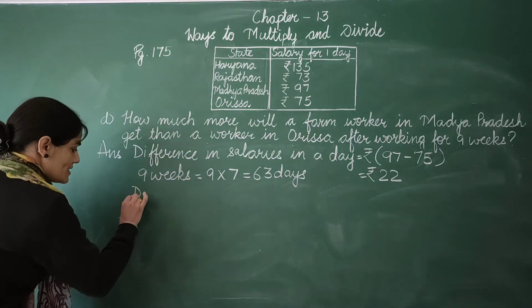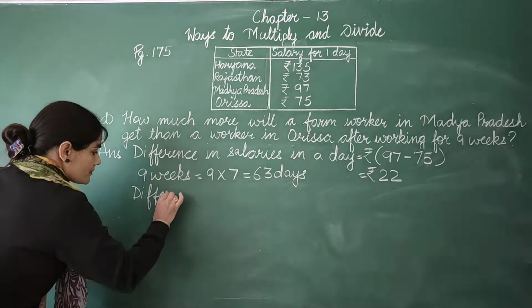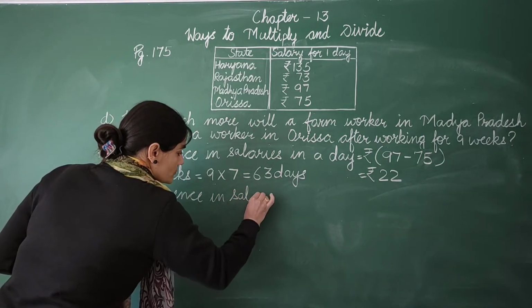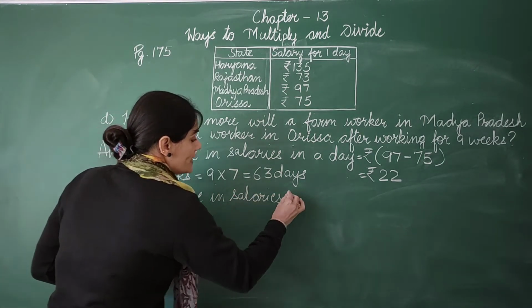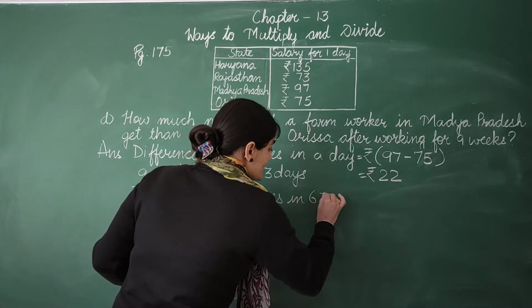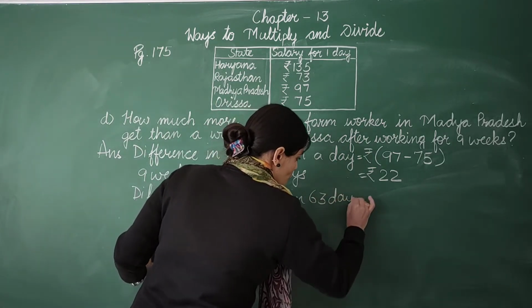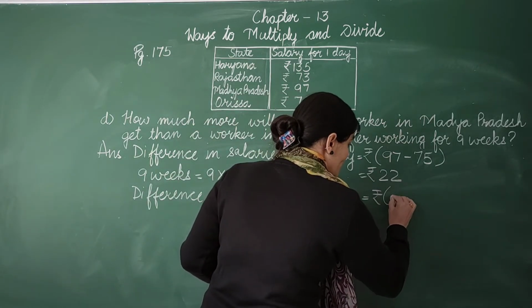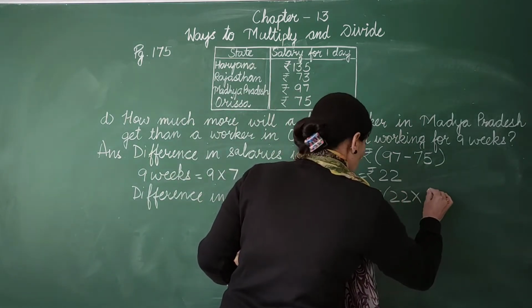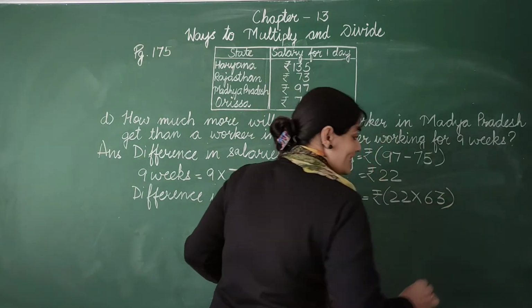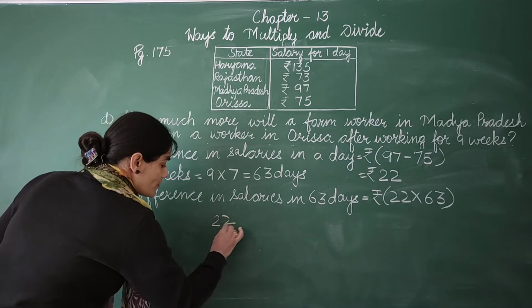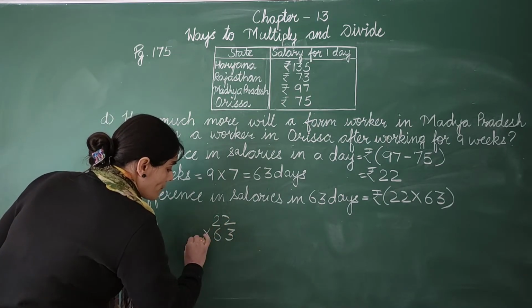So we will write here difference in salaries in how many days? 63 days, which means 9 weeks. So it will be more. That's why we are multiplying 22 with 63. So let's find the difference, everybody, by multiplying these two numbers.